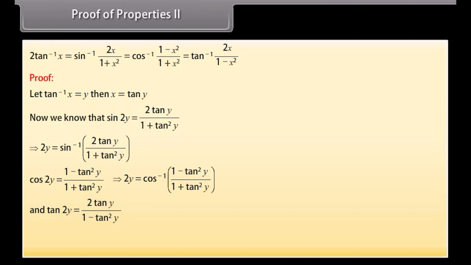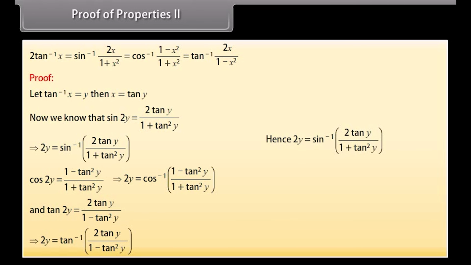And tan 2y is equal to 2 tan y by 1 minus tan square y. It implies that 2y is equal to tan inverse of 2 tan y by 1 minus tan square y. Hence, 2y is equal to sin inverse of 2 tan y by 1 plus tan square y, which is equal to cos inverse of 1 minus tan square y by 1 plus tan square y, which is equal to tan inverse of 2 tan y by 1 minus tan square y.